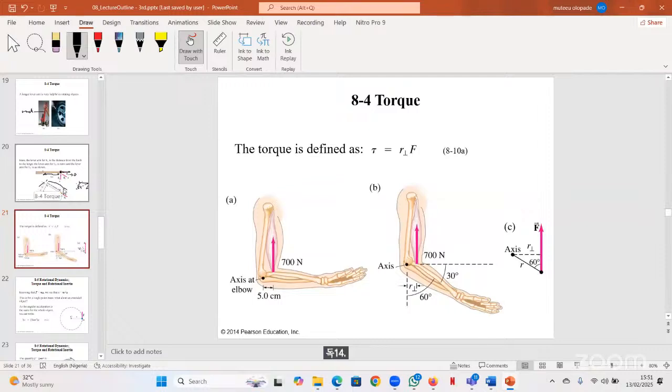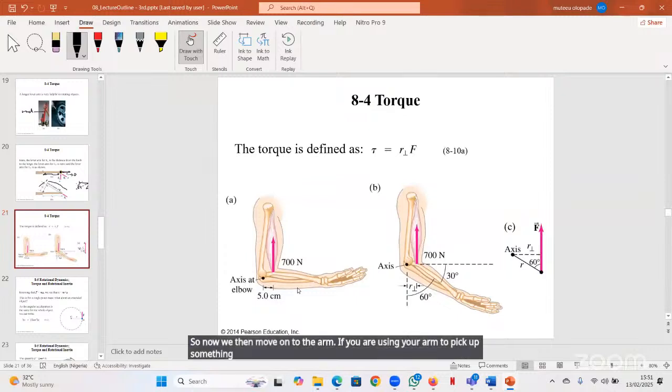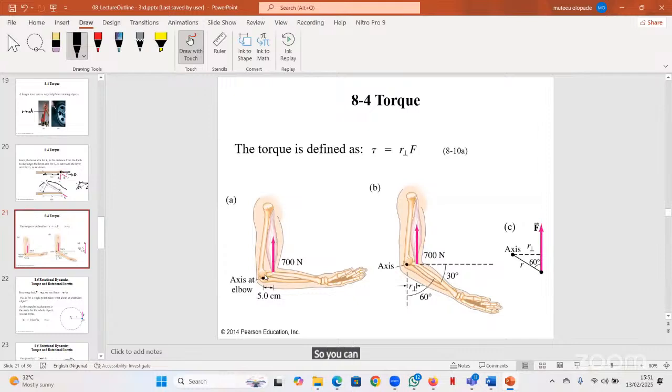So do you have a question? No, sir. Okay, so now we move on to the arm. If you are using your arm to pick up something, maybe a mass of, let's say, 500 grams, you can see the force is perpendicular to the point of rotation, which lies along this way.